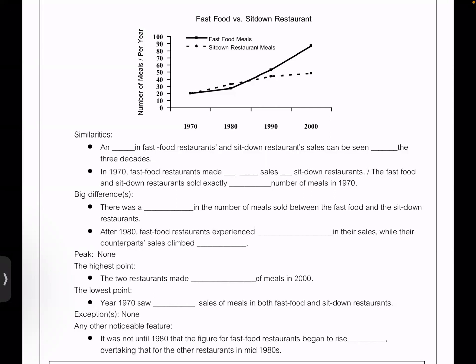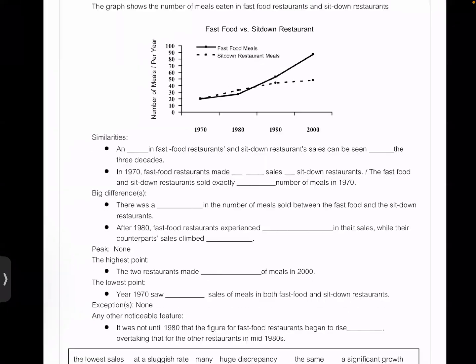But after 1980, fast food just overtook sit-down restaurant. And after that, it has been taking the lead. And sit-down restaurant almost stopped increasing. Okay, so that's another noticeable feature.